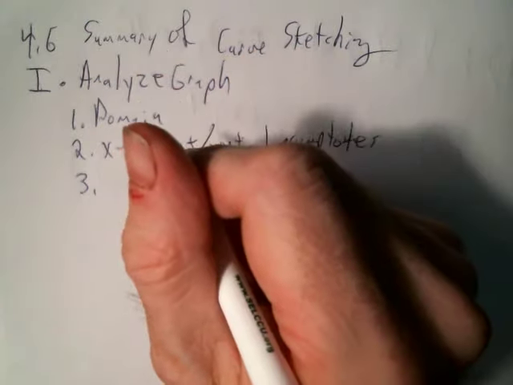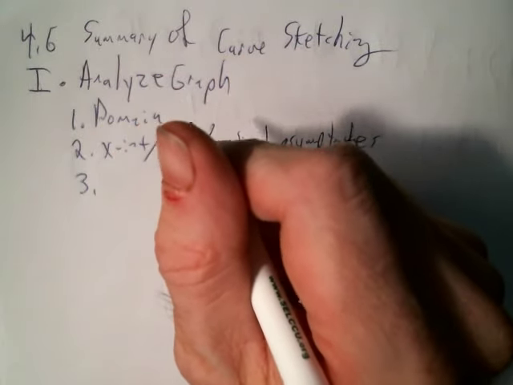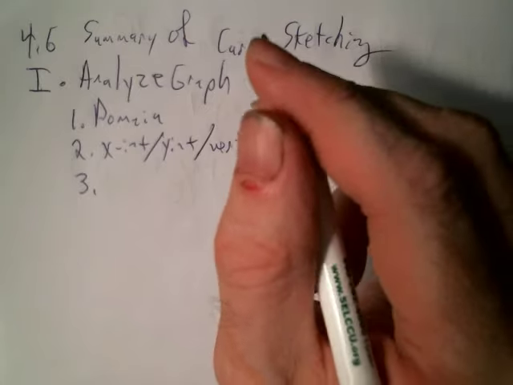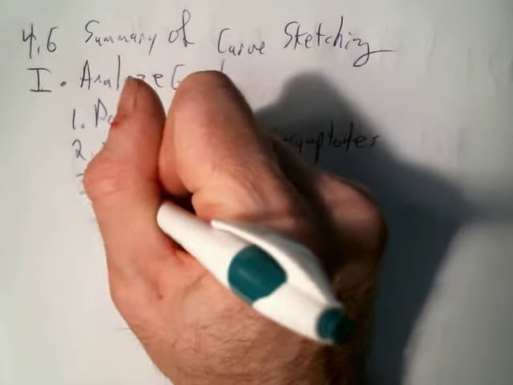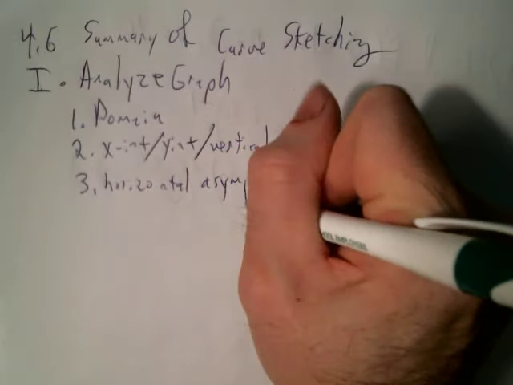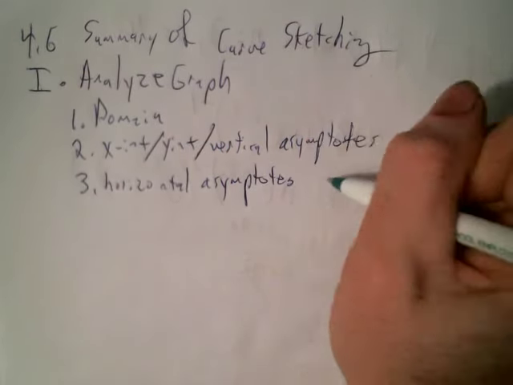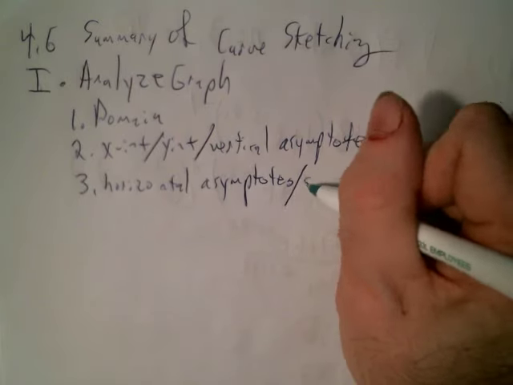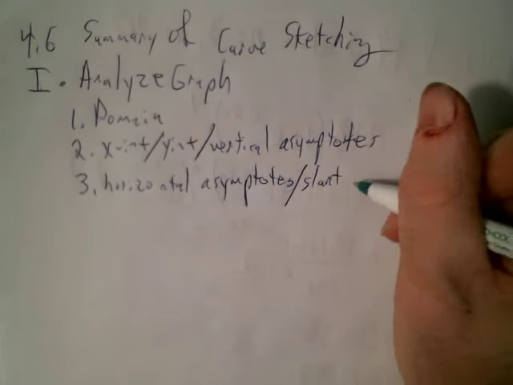Thirdly, the horizontal asymptotes, or the slant asymptotes if the horizontal ones don't exist.